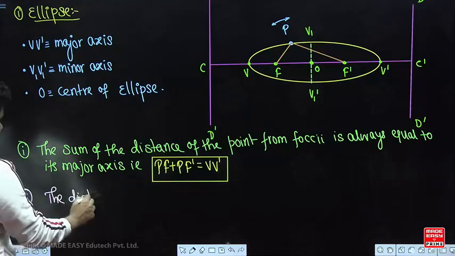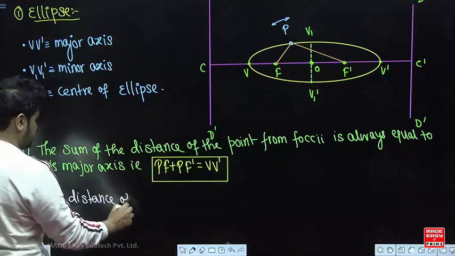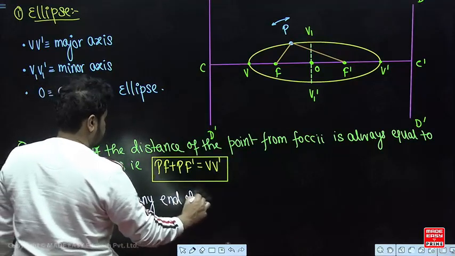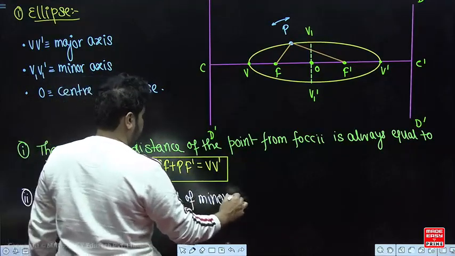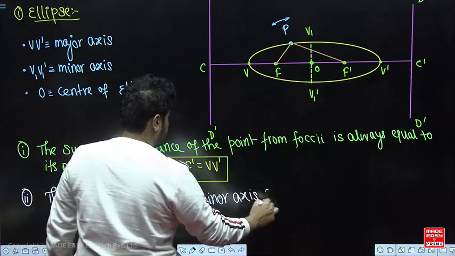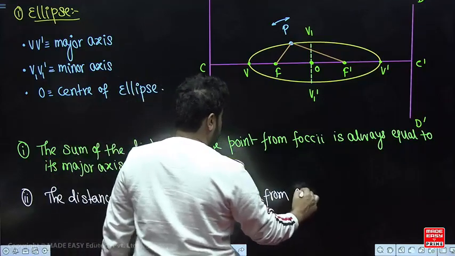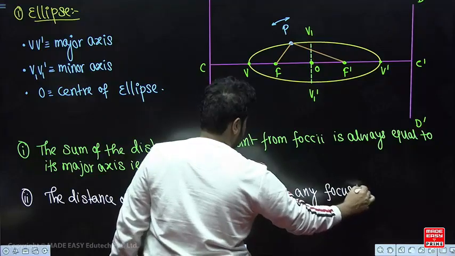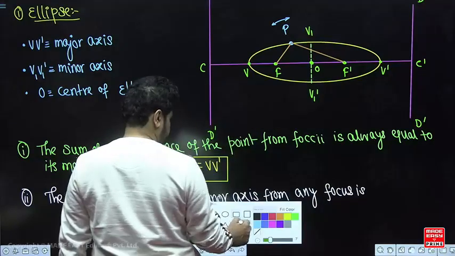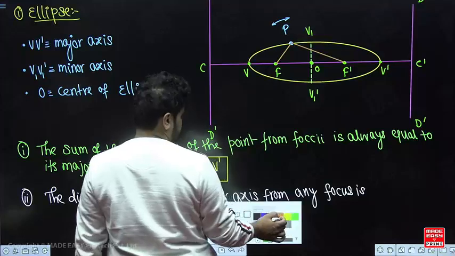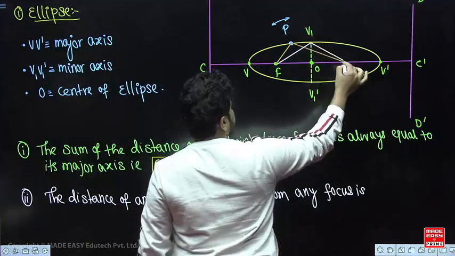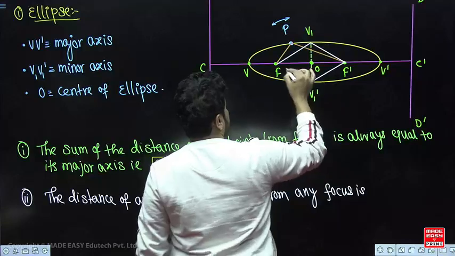Second point: the distance of any end of the minor axis from any focus. What does that mean? It means that if I consider the distance of the minor axis, right?